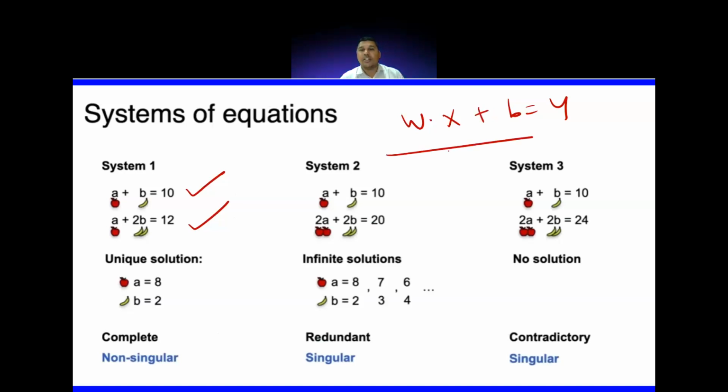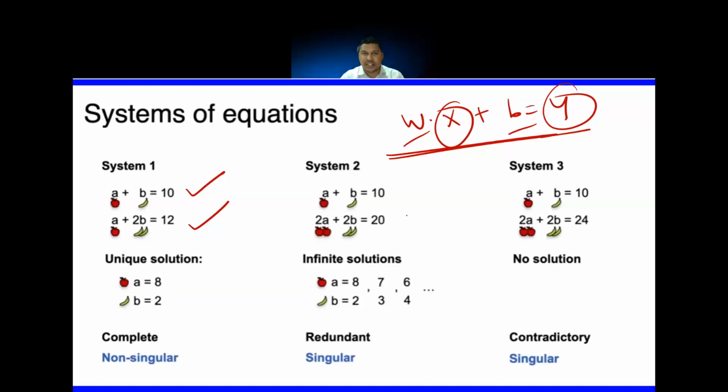This is my system of linear equations. Here x is the features, W and b I have to find out, and y is the predicted output. To solve this, we are learning what systems of linear equations are.